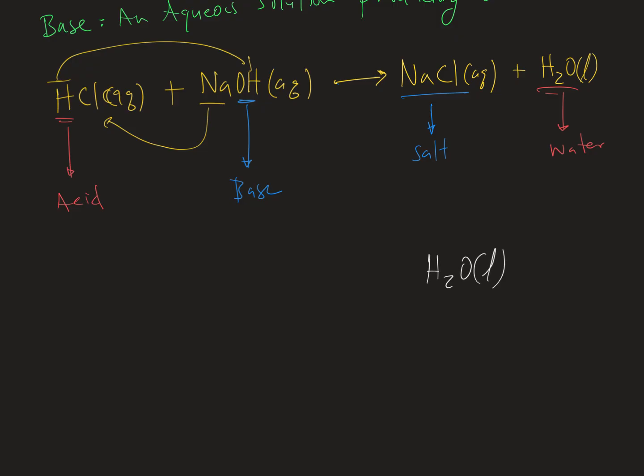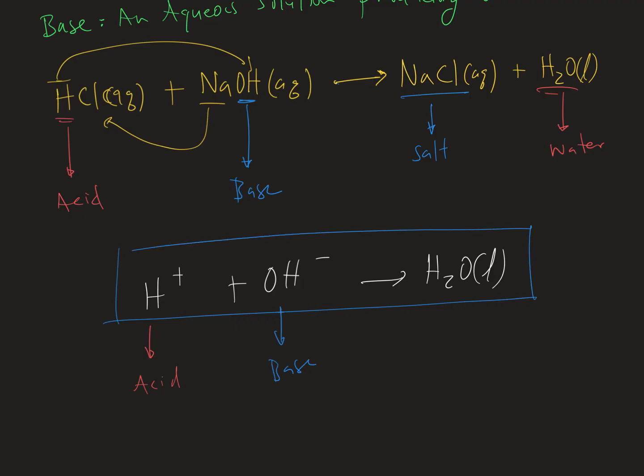And how do I get water? Hydrogen and hydroxide. H plus and OH minus. This is the acid. This is the base. And every time we have a neutralization reaction, this is what we get. Every time.